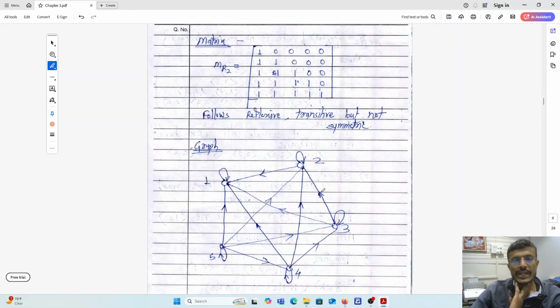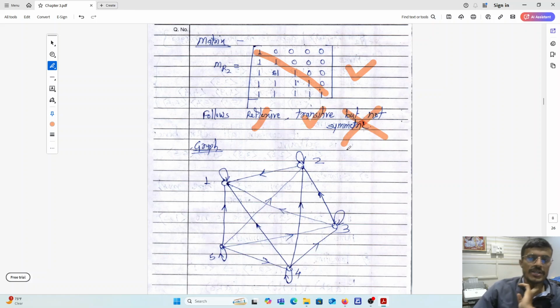Fine. So that is the matrix representation for this. All the diagonal elements are present, so it is a reflexive property. It follows the reflexive property and transitive property, but it does not follow the symmetric property. So that is the matrix representation, and that is the graph representation.